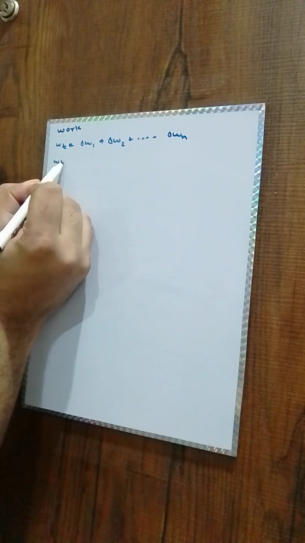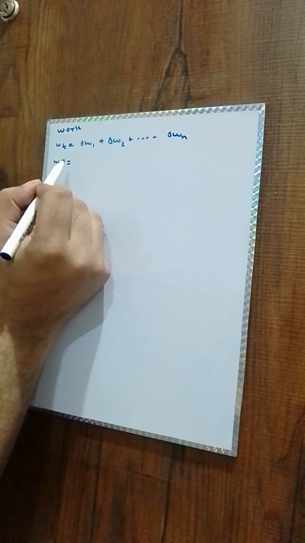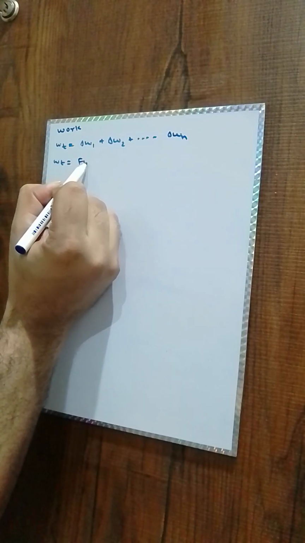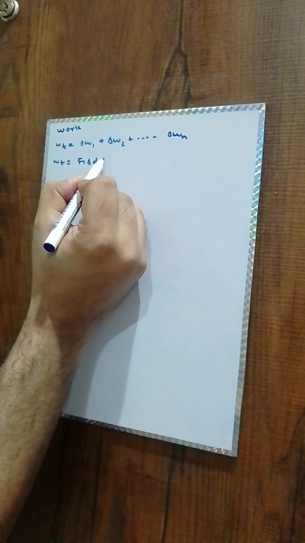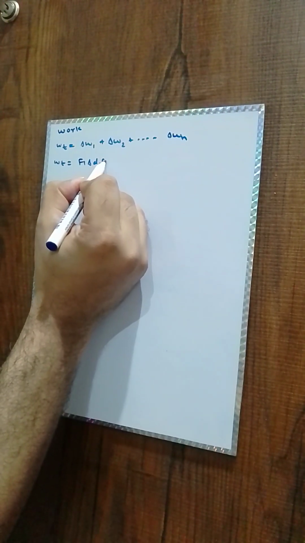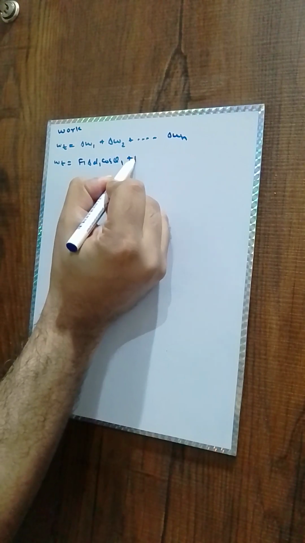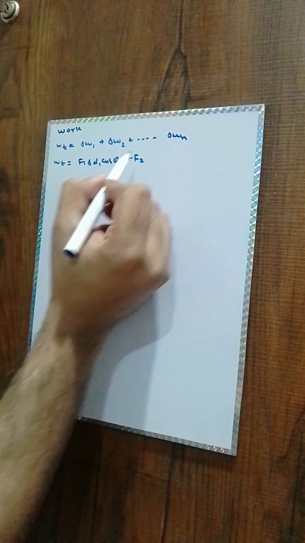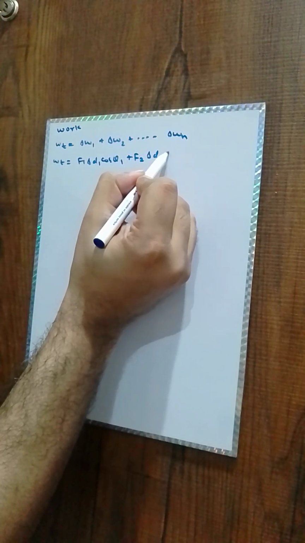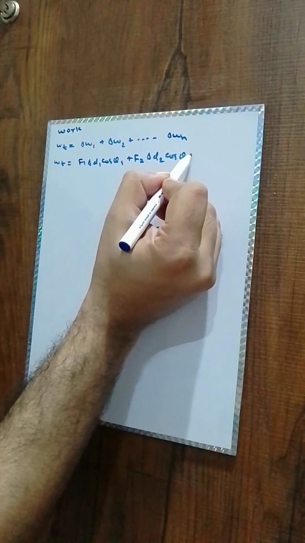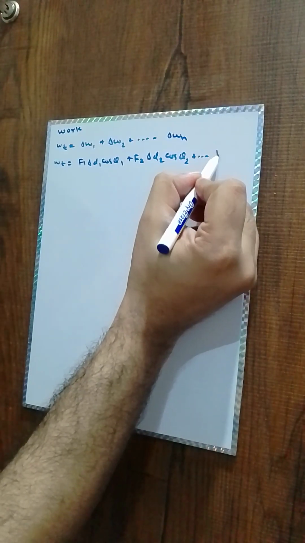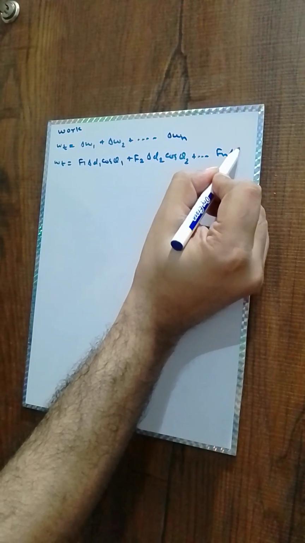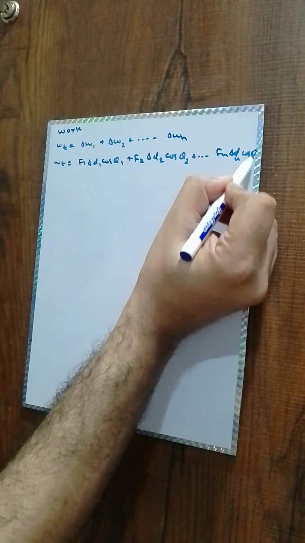So total work is equal to f1 delta d1 cos theta 1 plus f2 delta d2 cos theta 2 up to fn delta dn cos theta n.